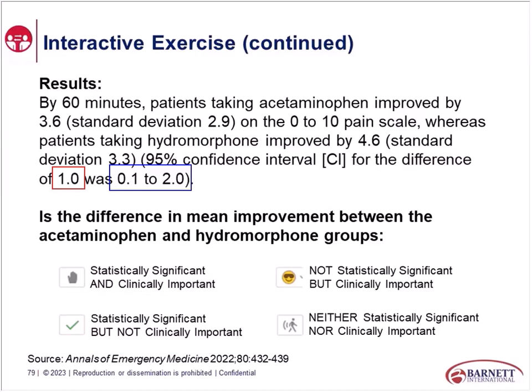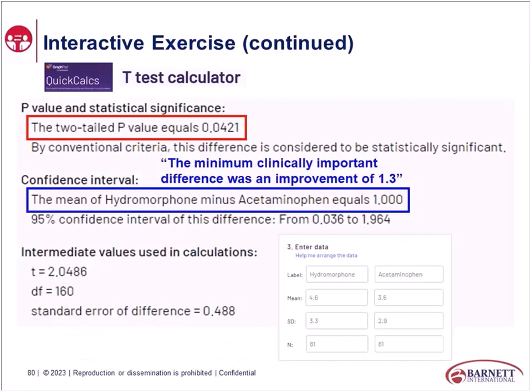Now, in terms of getting the p-value, there is no p-value, but we want to know what it actually is. So we can go to quick calcs and get the two-tailed p-value by just putting in the numbers: the two means, two standard deviations, and sample size. They gave us the two means.